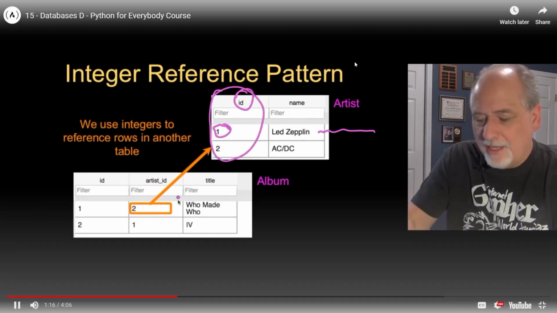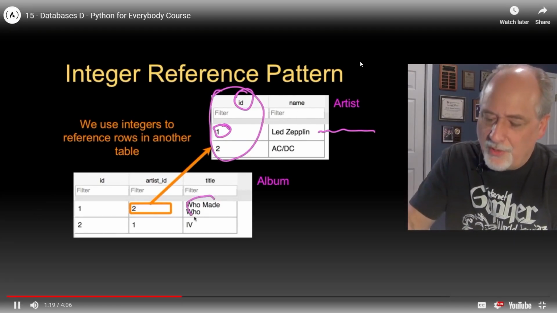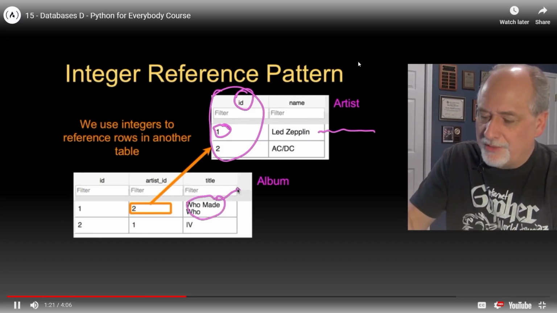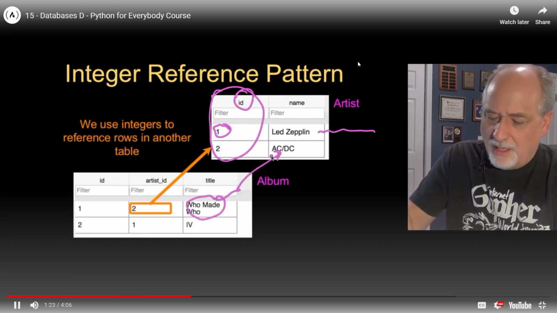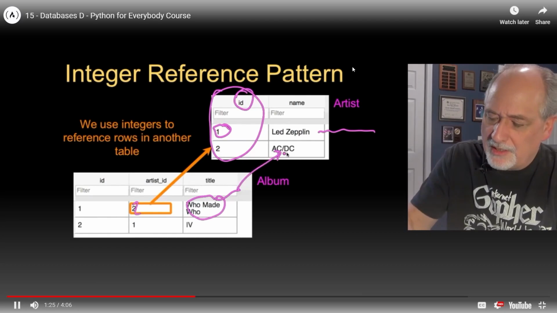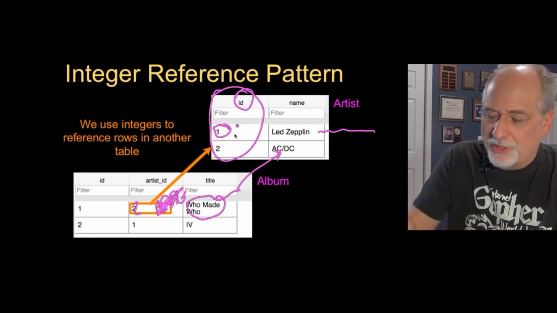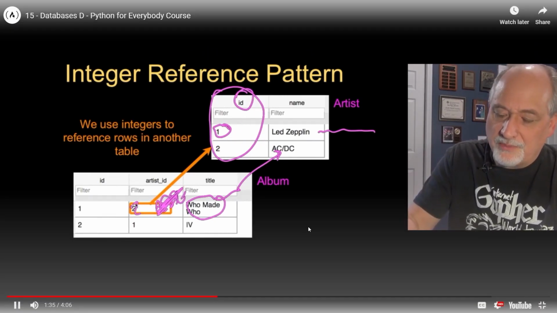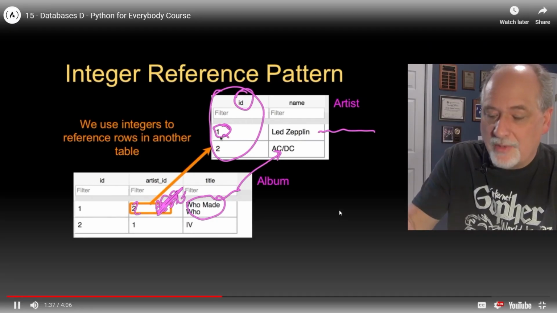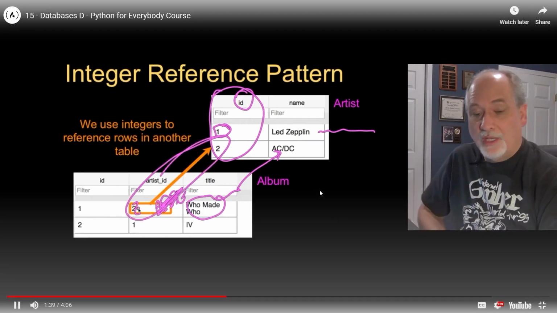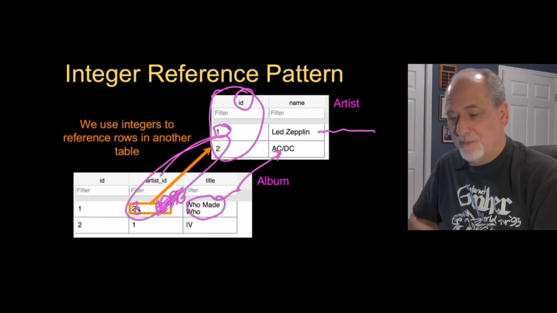And then later, when we want to say that the Who Made Who album really was done by AC/DC, we put the number 2 in. So the difference here is, instead of saying AC/DC in this record, we just put the number 2 once we've established this number. So we assign keys, and then we have these pointers that point back. That's how we model a relationship with these small integer numbers.